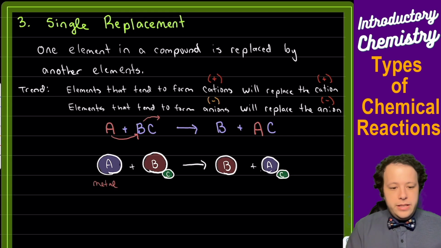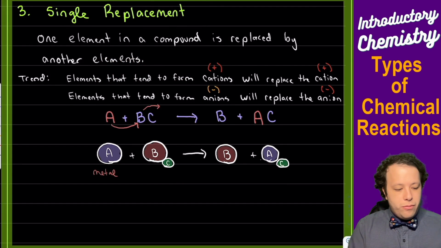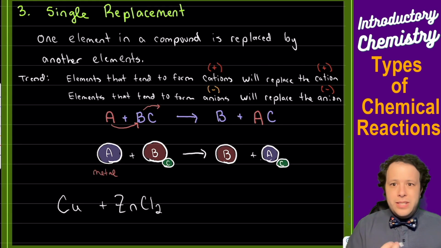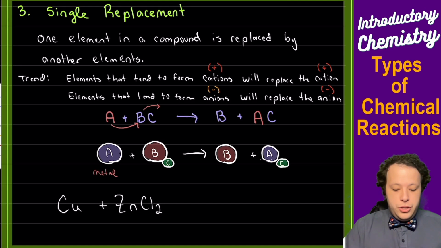So let's look at an example of that. If I say we have copper reacts with zinc chloride, how would this reaction occur? Well, copper is a metal, right? So that's going to have a tendency to make a positive charge. So we can assign our letters, right?